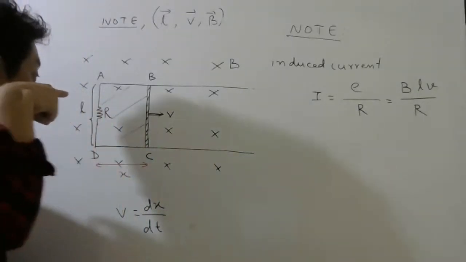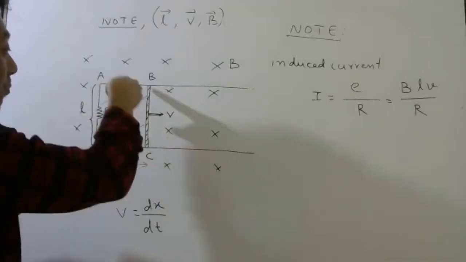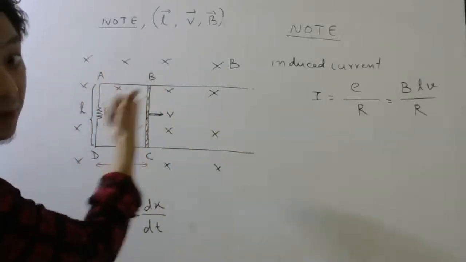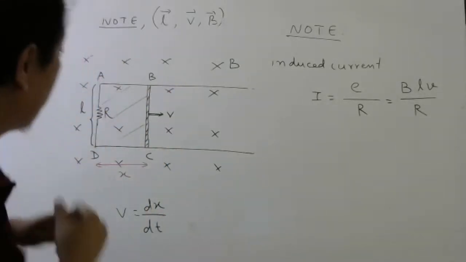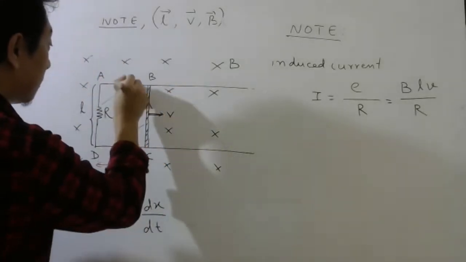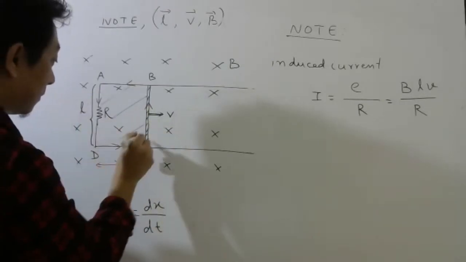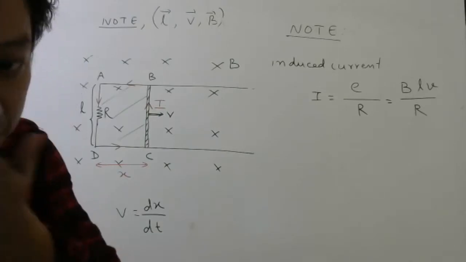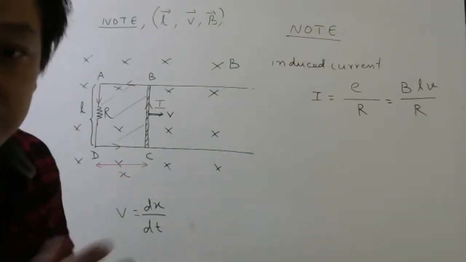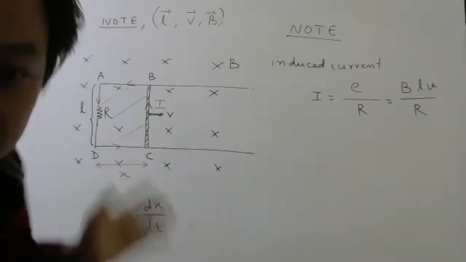So to oppose this flux, the current should produce this induced magnetic field. Okay, so current should flow which way? This way. Understood or not? Quickly tell me. Last class, if you have attended, you will understand easily, but now also I have explained.